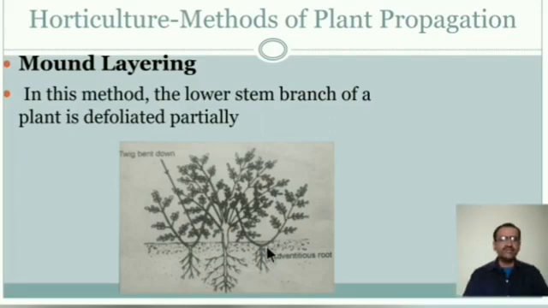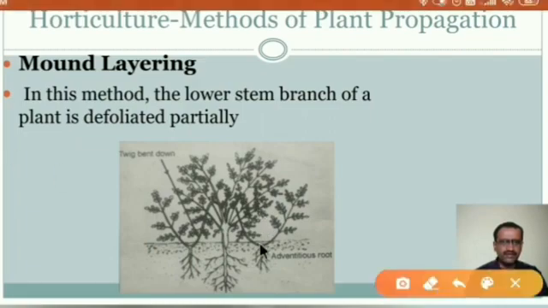Here the lower stem branch of the plant is defoliated partially, that means the leaves present in this part are removed. In the defoliated region an injury is given in the form of an oblique cut before inserting it into the soil, at this part some cuts are made.